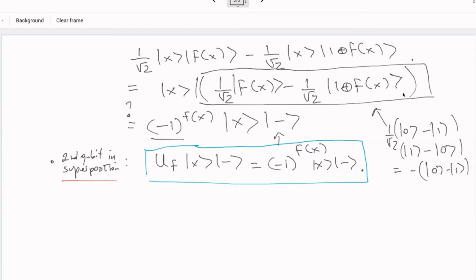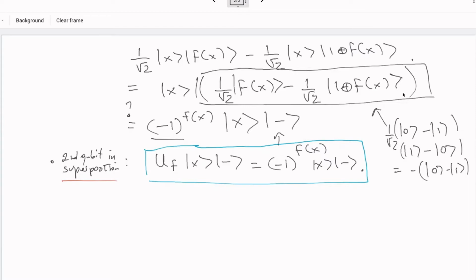Anyways, so now what does Deutsch's algorithm do? I mean, this putting the second qubit in superposition just by itself, it does not really allow us to solve the problem, because this minus 1 to the f of x is a global phase. So as you remember, it's not detectable by a measurement.